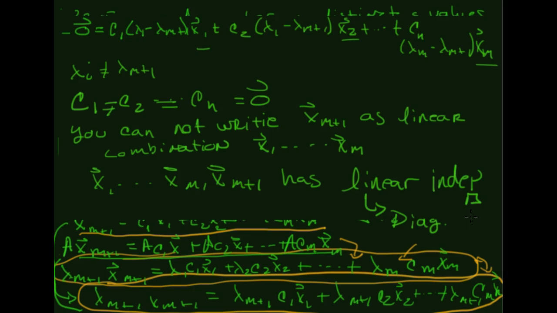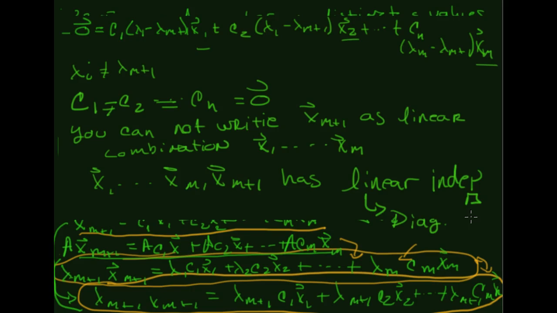The idea here is, let's try this again, I'm assuming that I have a matrix, a subset of eigenvectors of size m, and m is less than n, and I'm making the assumption that those are linearly independent. So I'm assuming that my matrix A has m linearly independent eigenvectors.